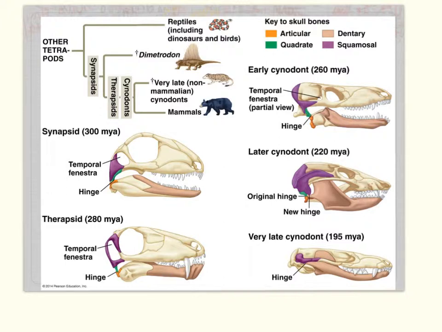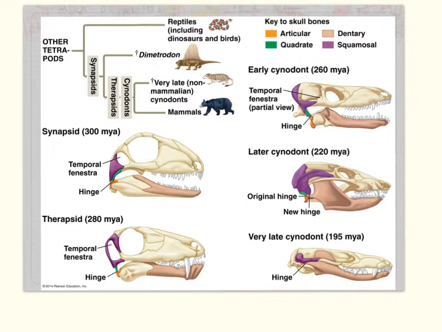So here we have a diagram of what would be the origin of mammals, and these would be fossils that show morphological features that would be intermediate steps between the synapsids, which were about 300 million years ago, to the modern day tetrapods, our relatives and mammal relatives.